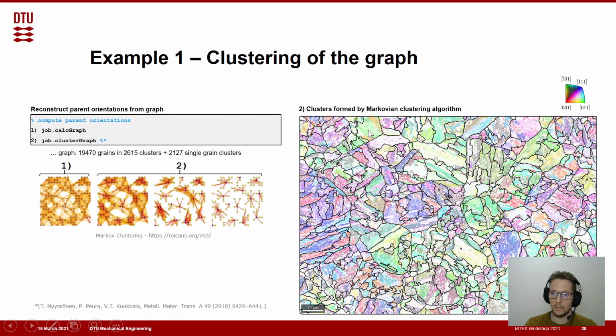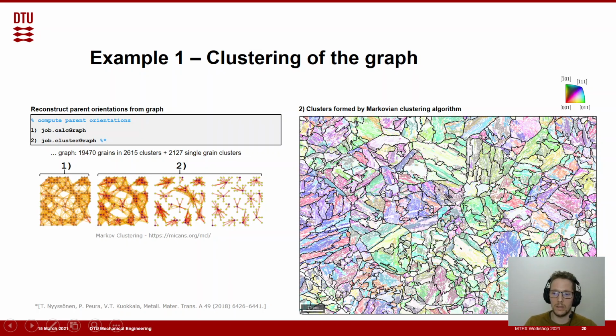We can plot these clusters that we get out of this Markovian algorithm, and we can see that most of the clusters lie within what we can identify as an austenite grain. There seem to be more clusters than there are austenite grains, so it's still a bit segmented into smaller clusters, but we can also see that we have several variants in most of these clusters, so they're probably going to do a good job in reconstructing.